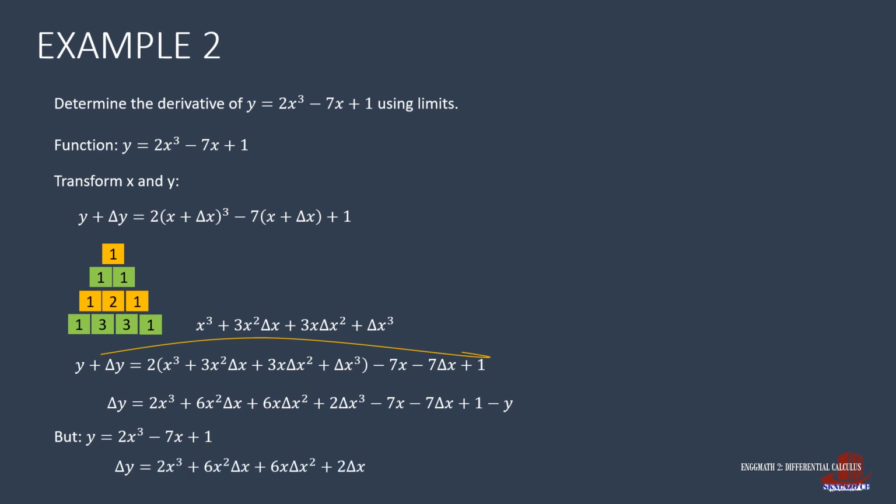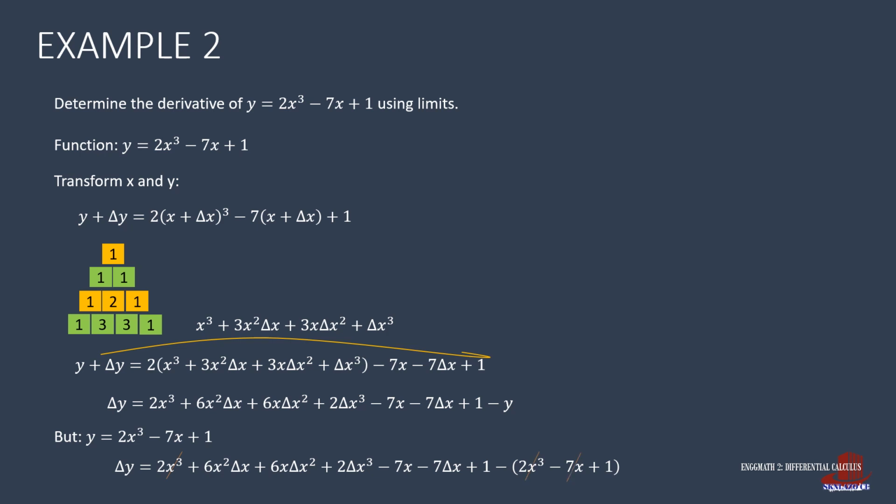So delta y becomes 2x cubed plus 6x squared delta x plus 6x delta x squared plus twice of delta x cubed minus 7x minus 7 delta x plus 1 minus the quantity of 2x cubed minus 7x plus 1.